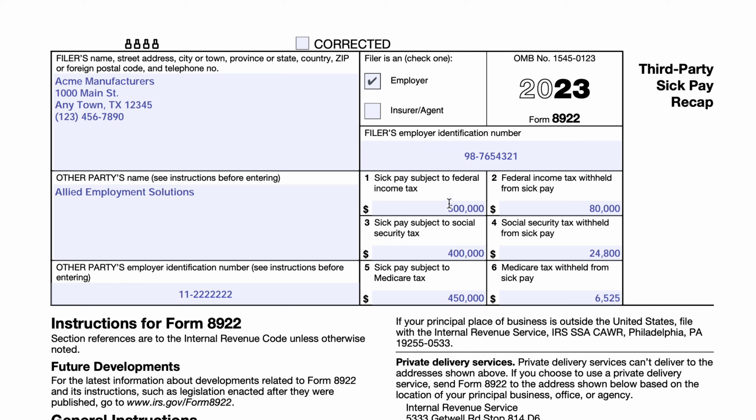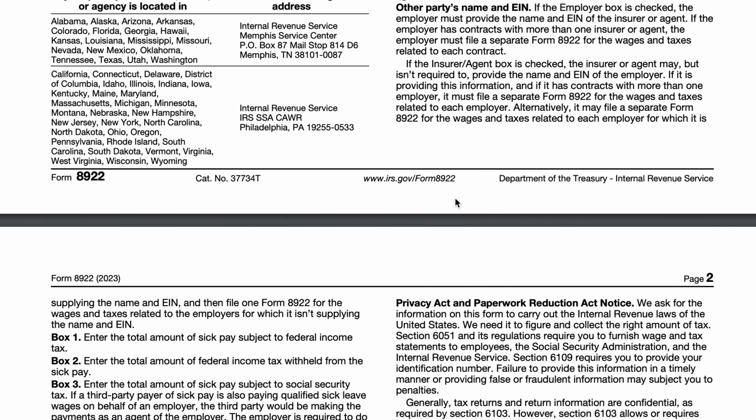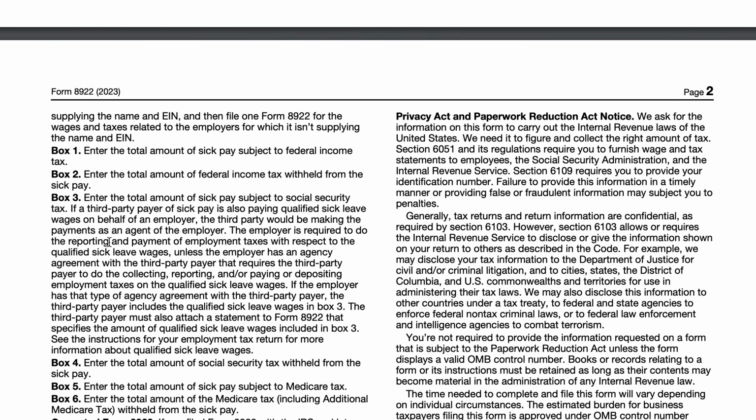So your sick pay that's subject to federal income tax, your federal income tax that was withheld from sick pay goes into box 2. The sick pay that's subject to Social Security tax, which may be different from the sick pay that's subject to the income tax. So there is a spot in box 3 that talks a lot about this.